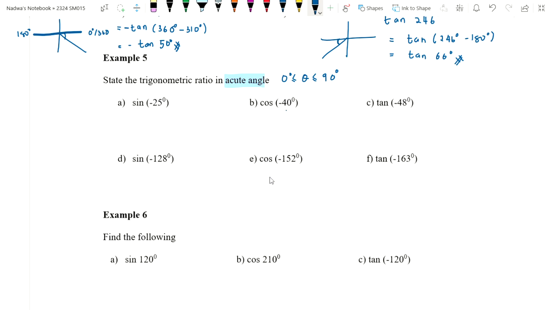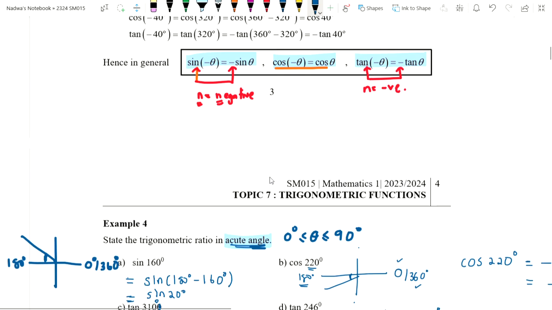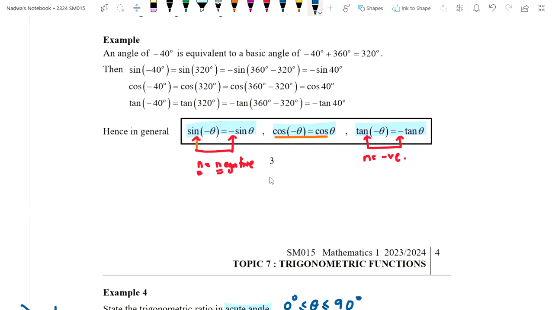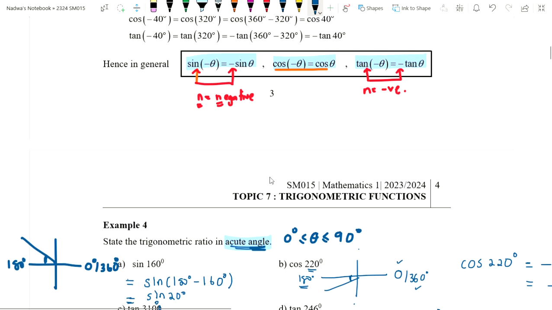Okay, so A, B, and C is very easy because the angle is less than 90 degrees. So we learned previously, if we have negative theta, sine negative theta is equal to negative sine theta, cos negative theta is equal to cos theta, and tangent negative theta is equal to negative tangent theta.